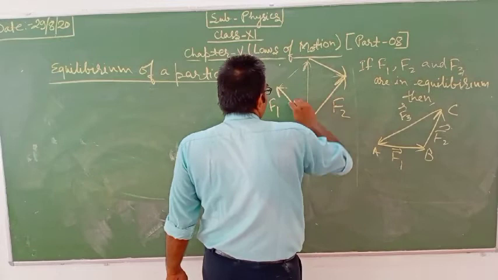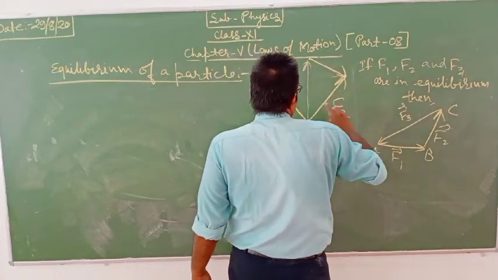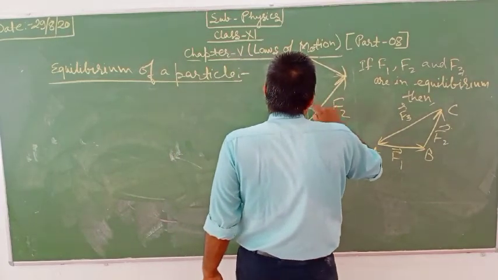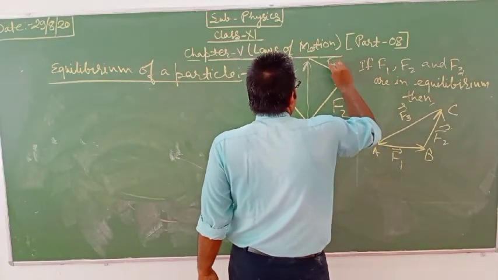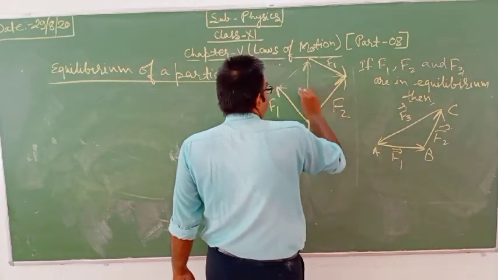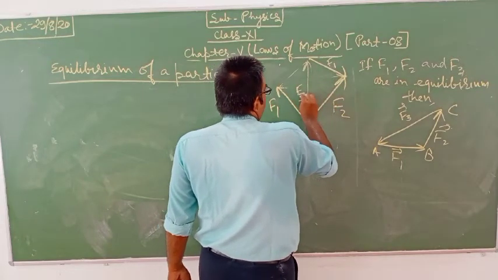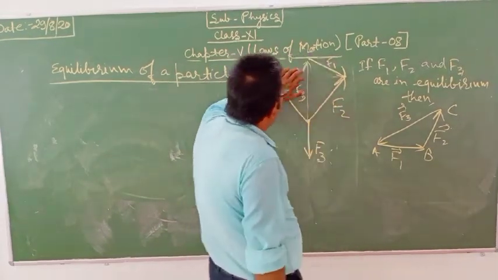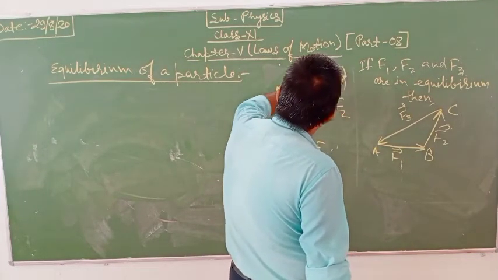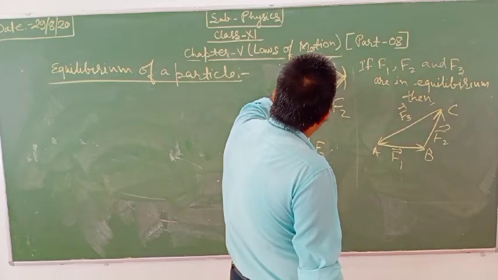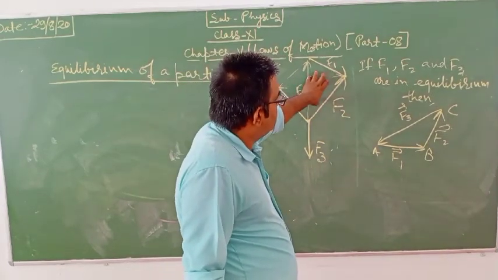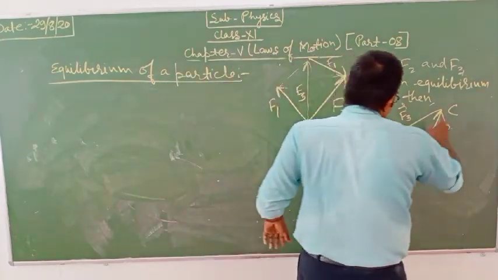Then look at it. If we are making the triangle, transposing the vector to this side, then suppose this is F1, and this is F2. So from here you can write F1 plus F2 plus F3 is equal to 0, or F2 plus F3 is equal to minus F1.